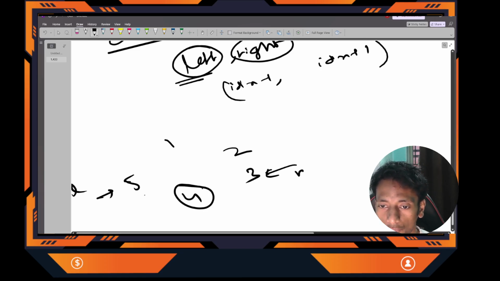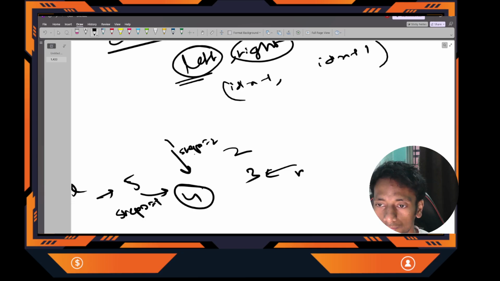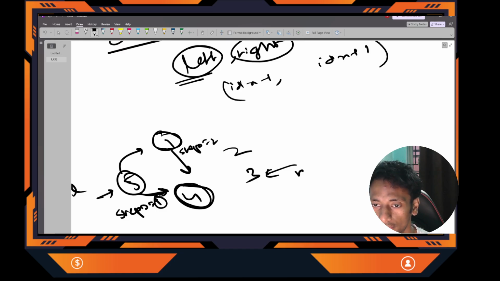And how many steps will be required? It will be 1. From here the steps will be 2, right? If I shift to any next position, our steps will increase by 1. Here you can see that if I want to transfer one amount from this person to this, it will take only 1. But if I want to transfer one amount from this position to this, it will take two moves, right? So 2 into 1.